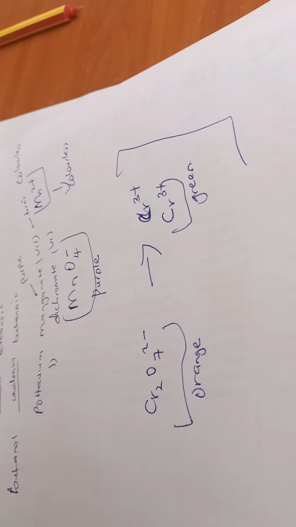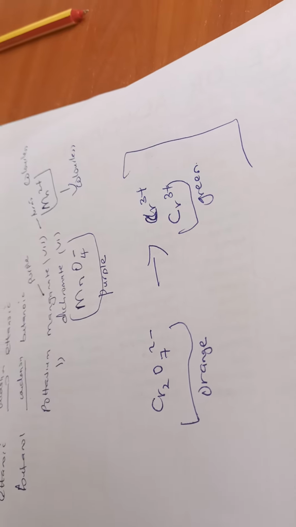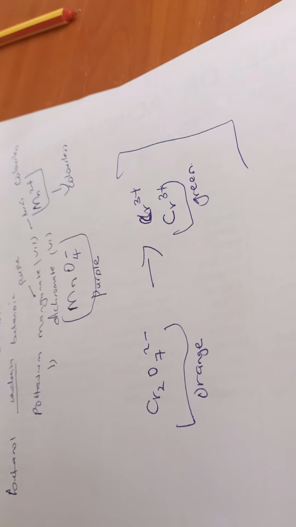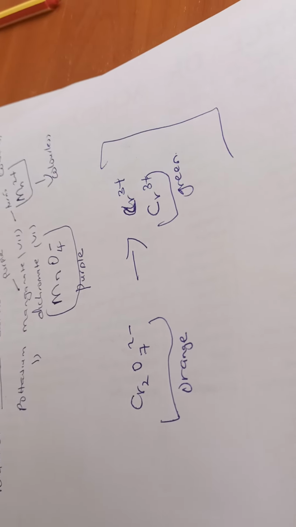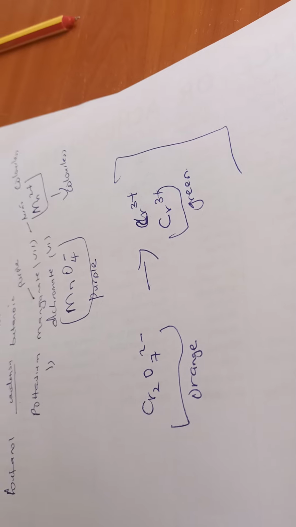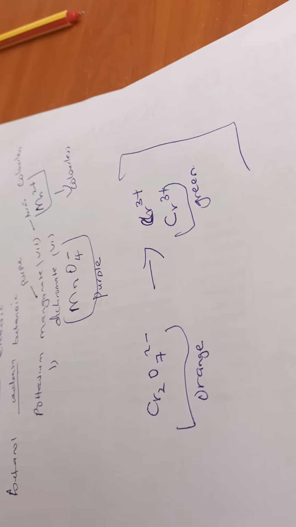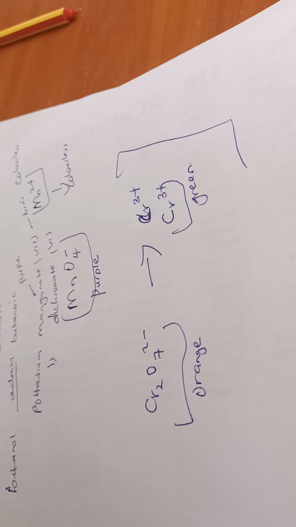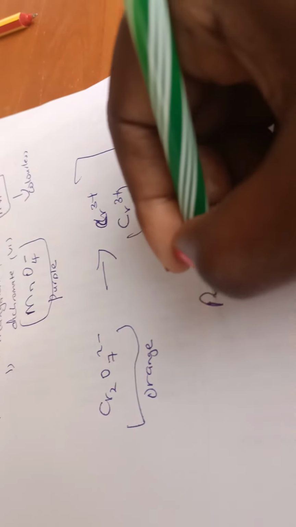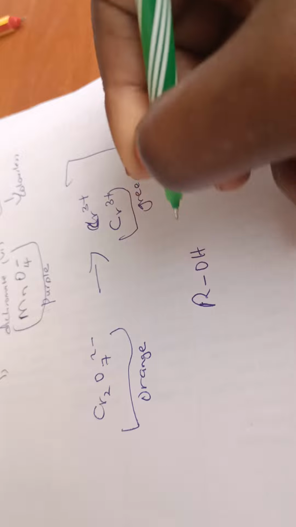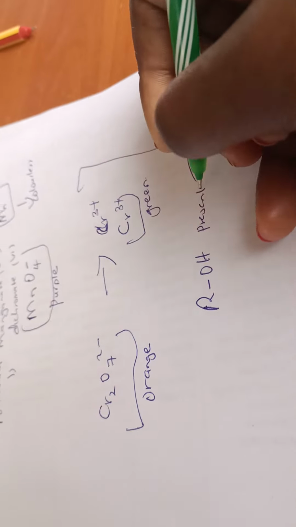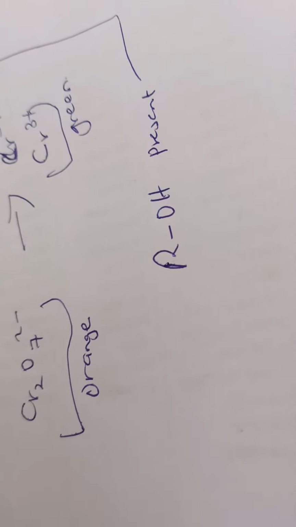So anytime you add dichromate(VI) to an organic substance and it turns from orange to green, you conclude ROH is present.